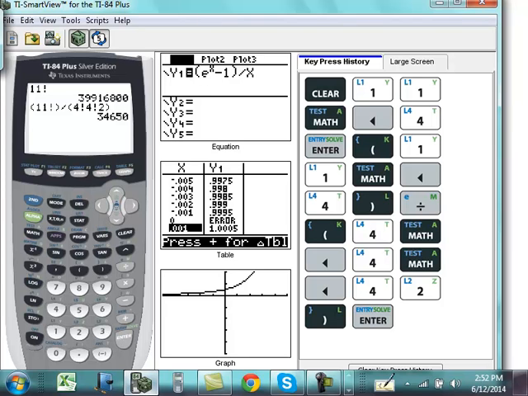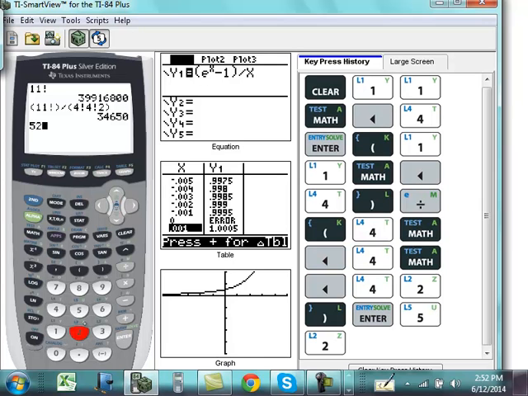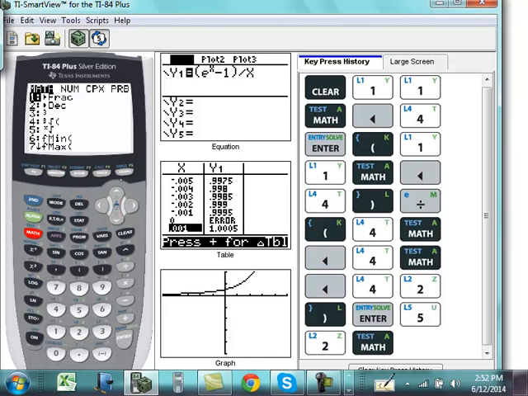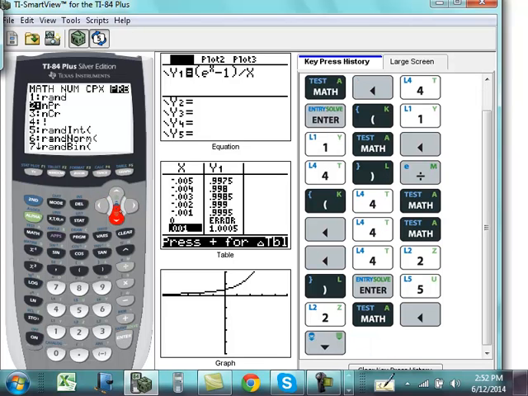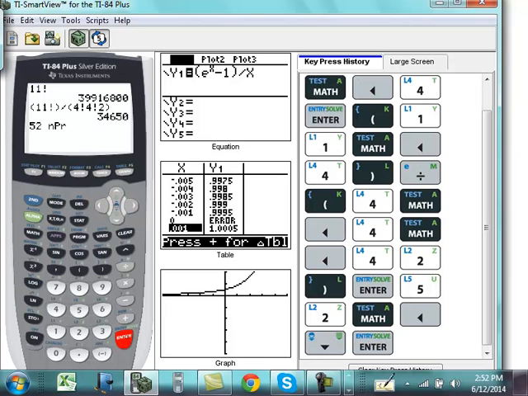How many ways can you be dealt 5 cards where order matters? To do that permutation, what you do is you will input 52, go in the math menu, go over to the probability submenu, go down to nPr, and then select 5.